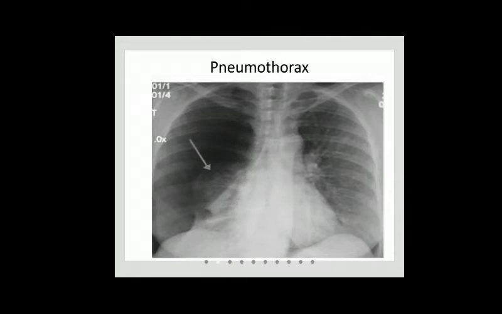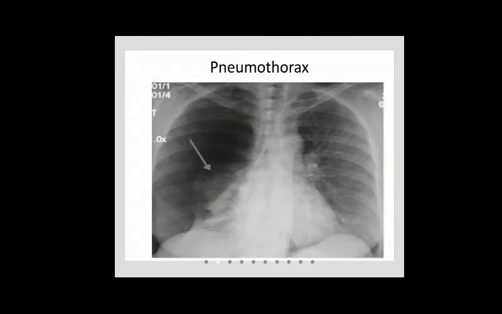Tracheal shifting and mediastinal shifting. Then on the left side, bronchovascular markings are prominent, but on the right side, bronchovascular markings are absent. Clear?